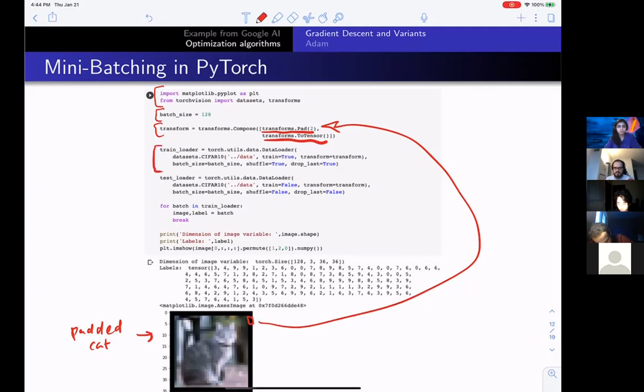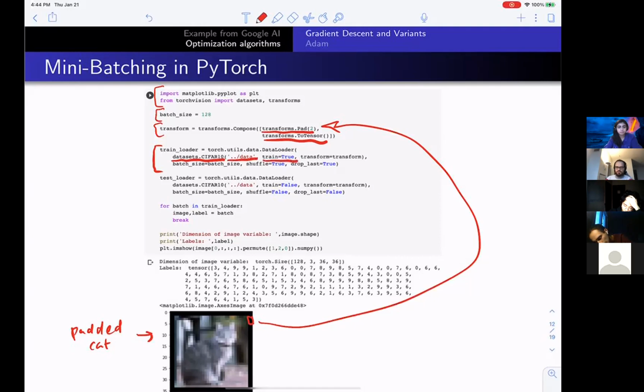So here I'm creating a loader. A loader is an object that allows you to iterate through a dataset. So loader is an important word for you to remember. And what the loader does is it creates a dataset, in this case, the CIFAR10 dataset. This is where the dataset is going to be downloaded to.